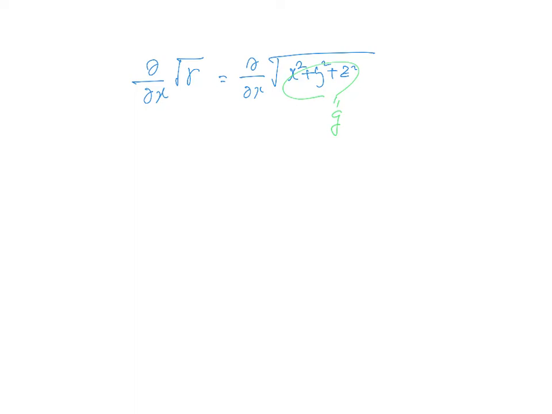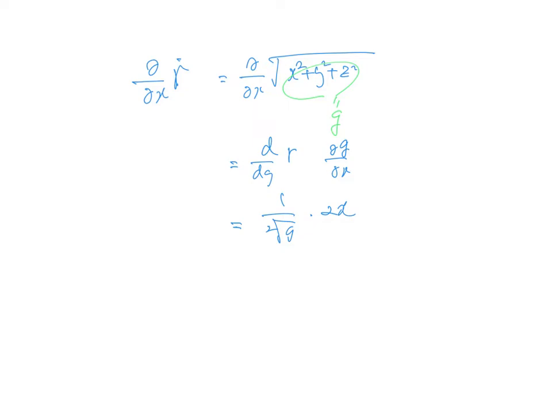So this is dr dg. Oh, sorry, this is not square root of r. This is r. And partial g over partial x, so this is 2 square root of g and 2x, right?